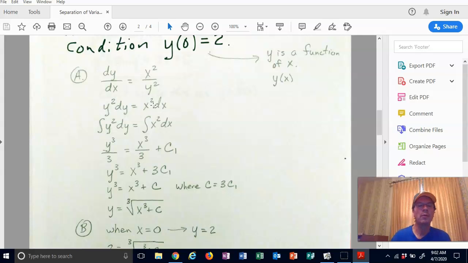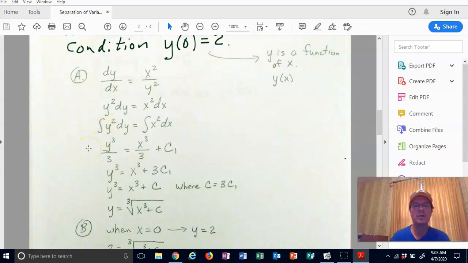Sometimes you'll have to do it a different way perhaps, but that's going to work in this case. So now I have y squared dy equals x squared dx. And let's integrate both sides of the equation.